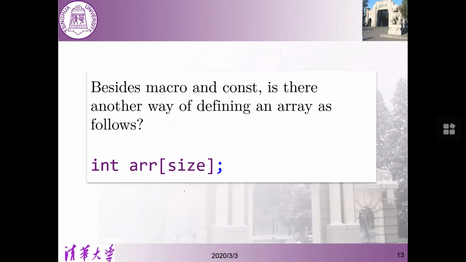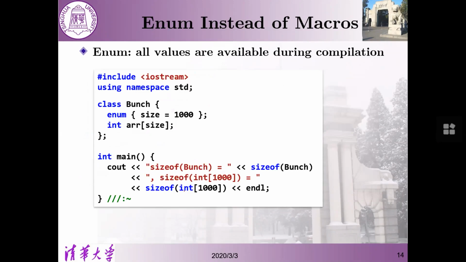So besides macro and const, is there another way of defining an array size like this? This is the question. We can use enum. Enum is another structure, used for enumeration.